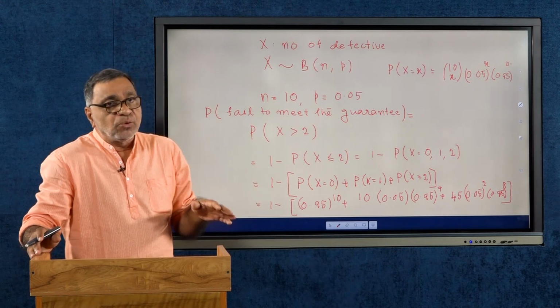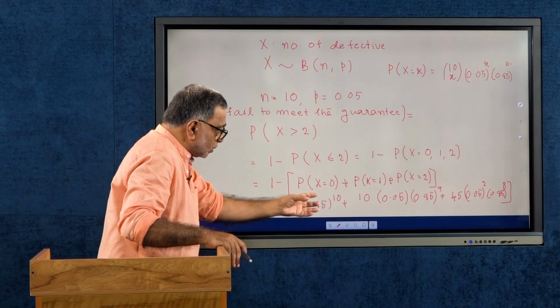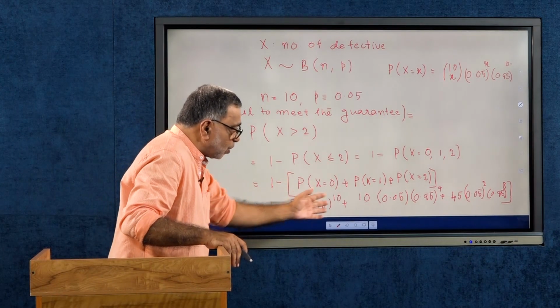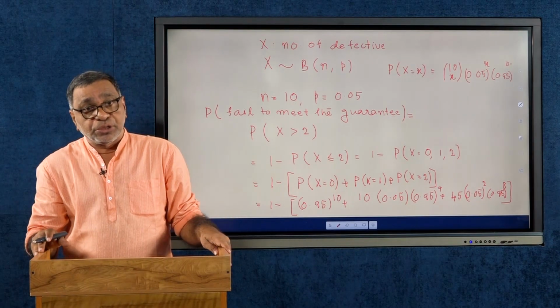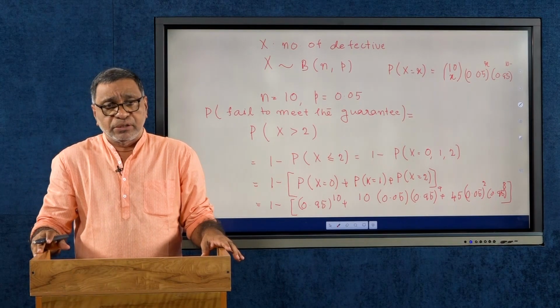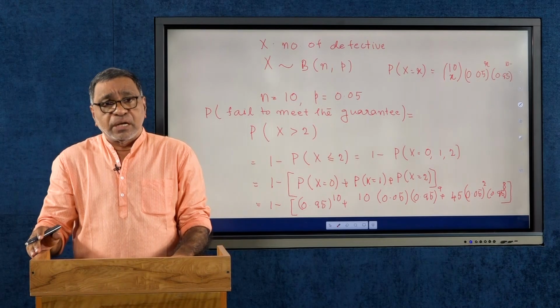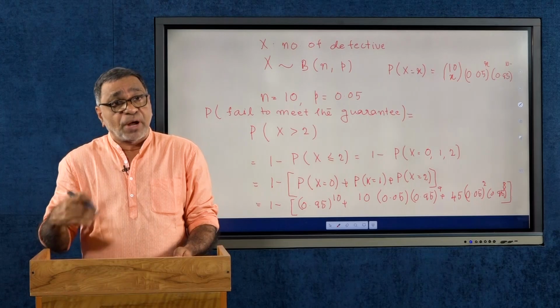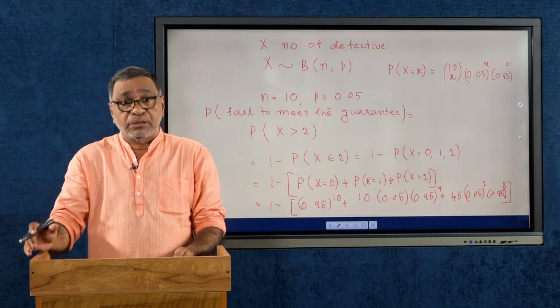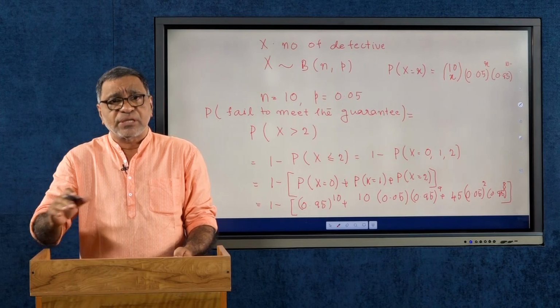That value is obtained as the simplified expression of this quantity, using the binomial probability mass function. So this is an example where we can apply the binomial distribution to find probabilities of events like this.